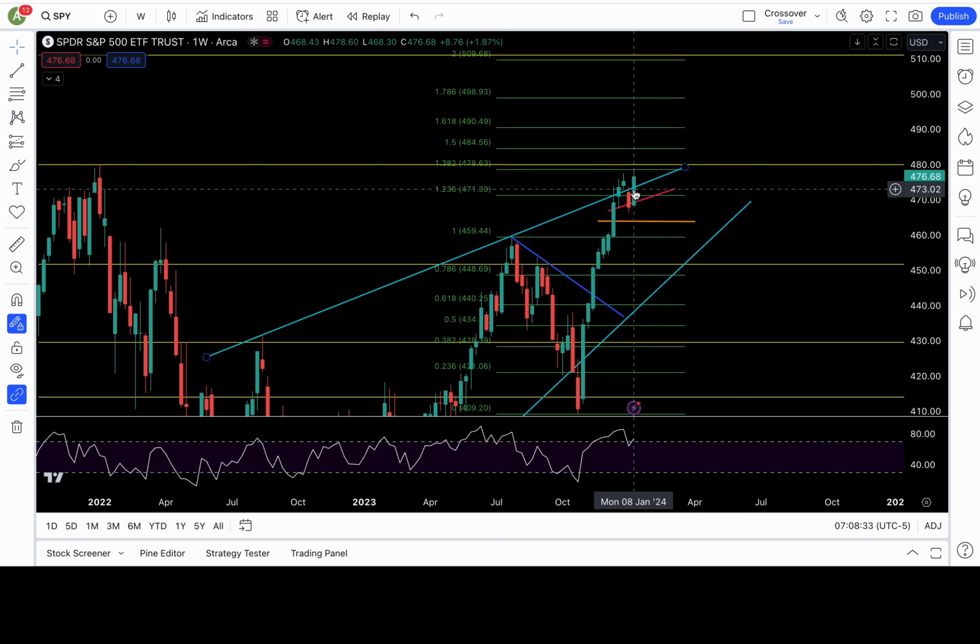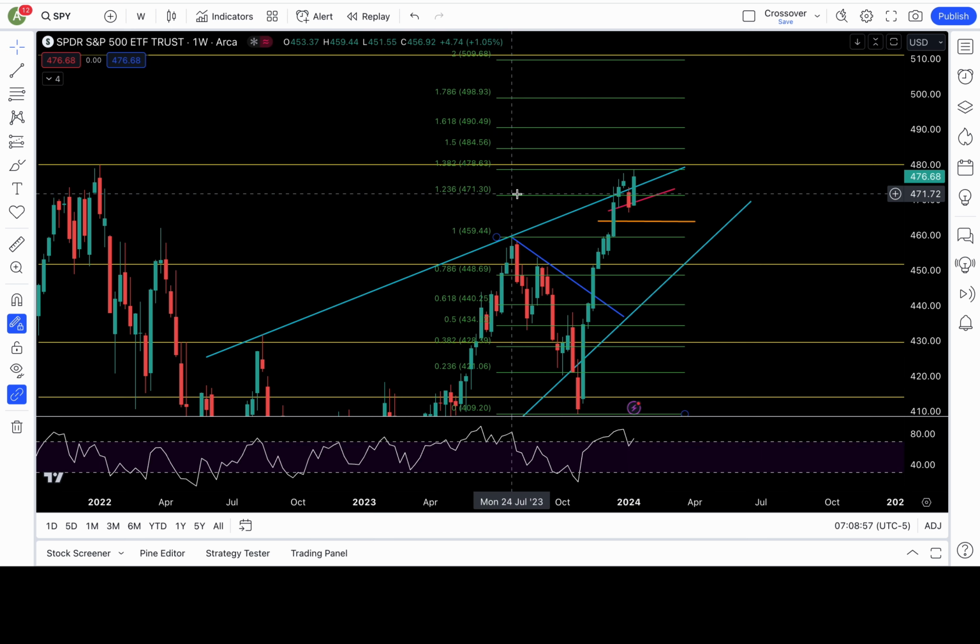Now, as far as the bear case scenario goes, we've got to break down levels. Last week we closed at 476.68, a few cents just above my 476.5 level. If that level breaks down, 475, 473, and 471.3 would be back in play.